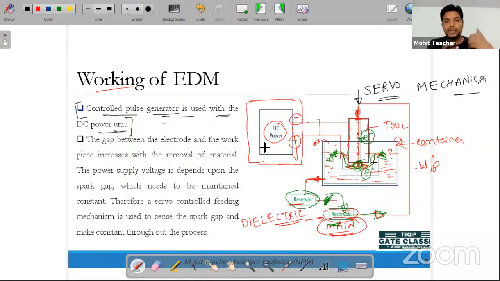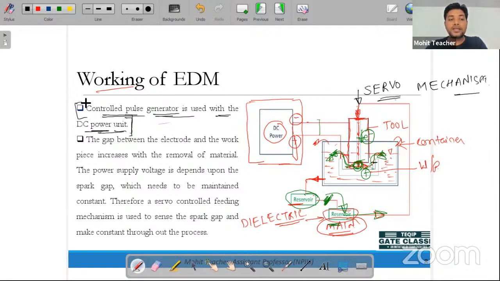Today I can just say that we do not want the arc. We want the spark. So for that we need the pulse generator. Means for some time we need the arc, and after some time we do not need the arc. So there should be a fluctuation of this arc. That's why we are using this controlled pulse generator.